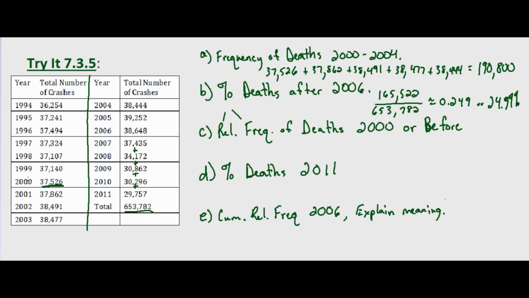So we'll start with 37,526 plus 37,140 plus and so on. We add the frequencies up from 2000 to 1994.